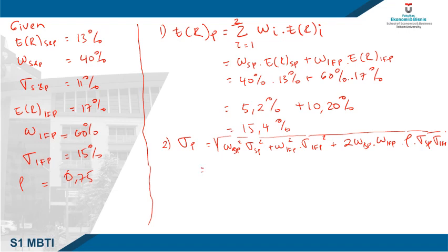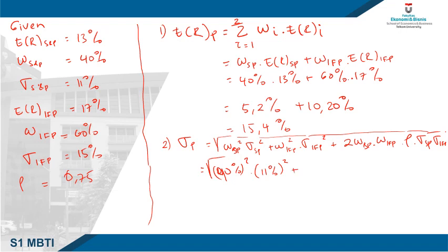Okay, so W_SP squared, what's that? 40% squared. Be careful, this is not a difficult thing to do, but there is plenty of detail work that needs to be taken care of very carefully.